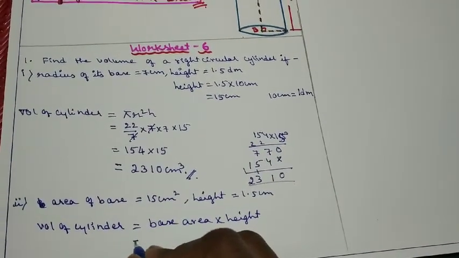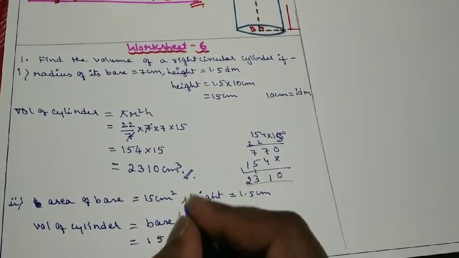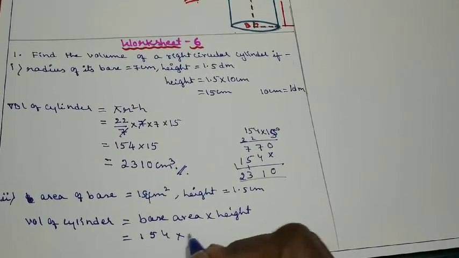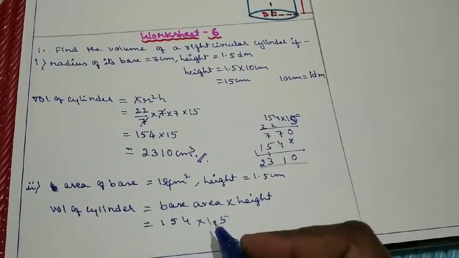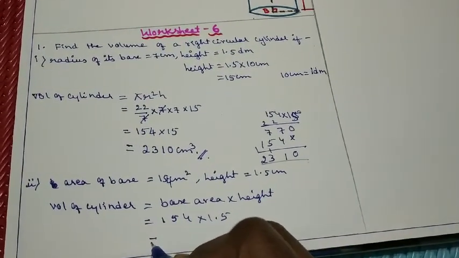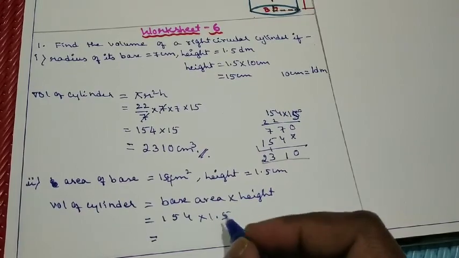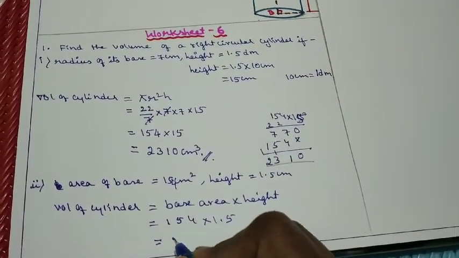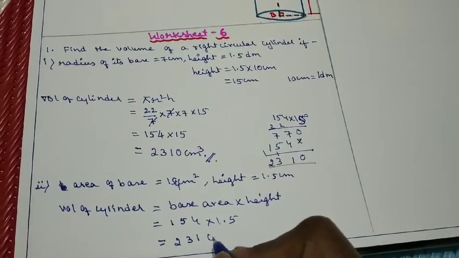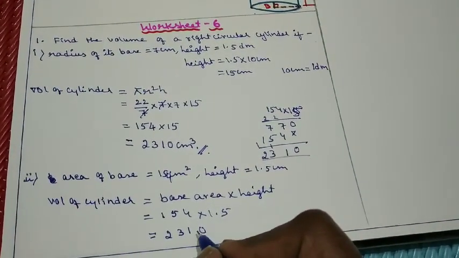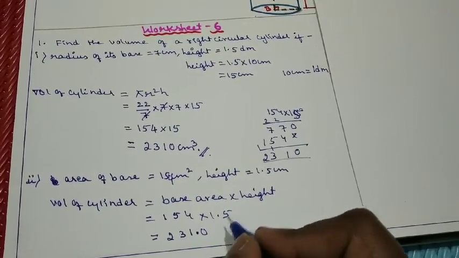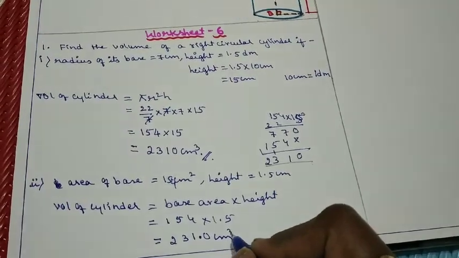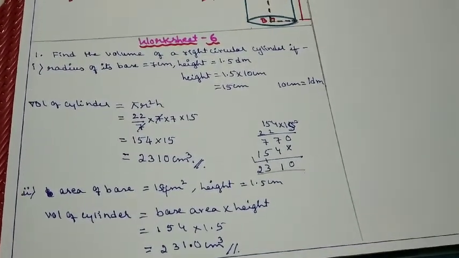Base area we have is not 15, it's 154. So 154 into 1.5. Already we have multiplied 154 into 15, which is 2310, but after the point we have one digit, so 231, and centimeter square into centimeter becomes centimeter cube. Now we'll go for the third sub question from the first main question.